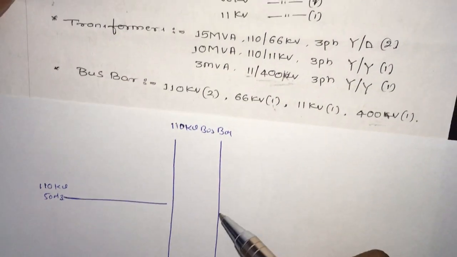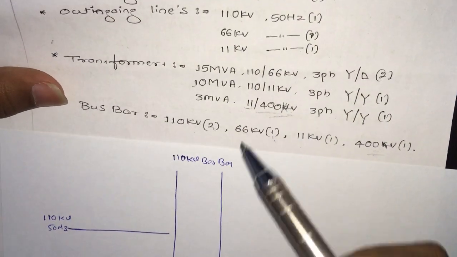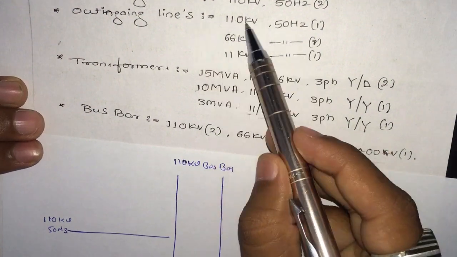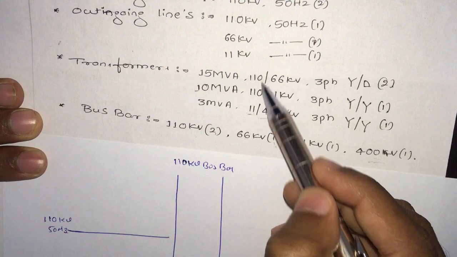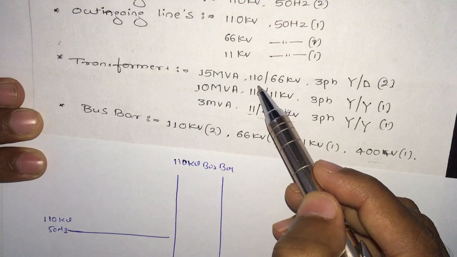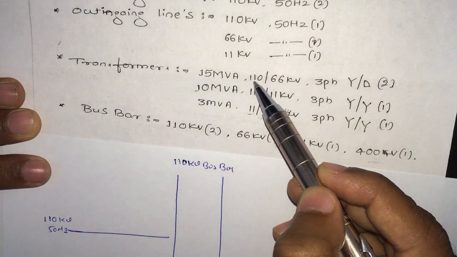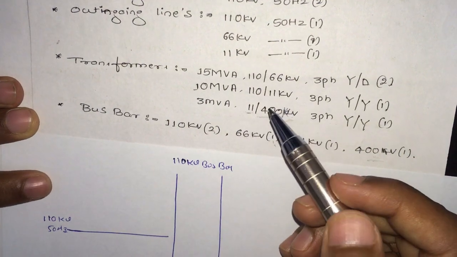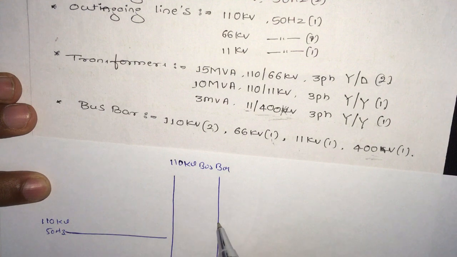After the bus bar, let us see what other voltages match up with 110 kV. Here we have one 110 kV outgoing line, and we also have two transformers with 110 kV at the primary side. Let us start with the transformers. First one is 15 MVA, 3 phase.